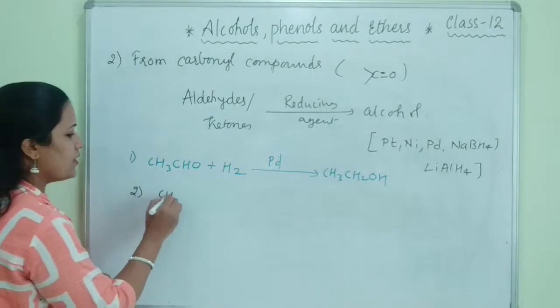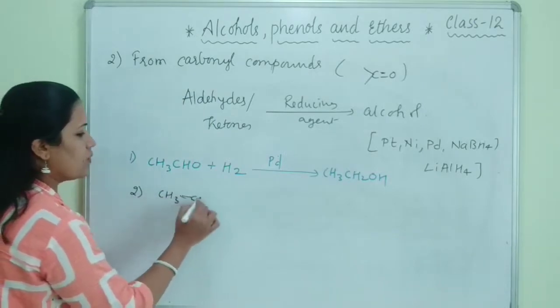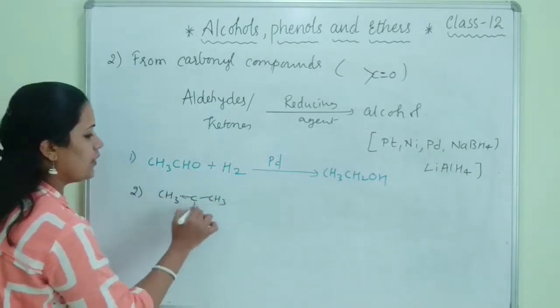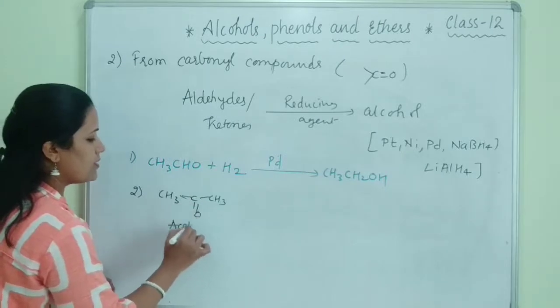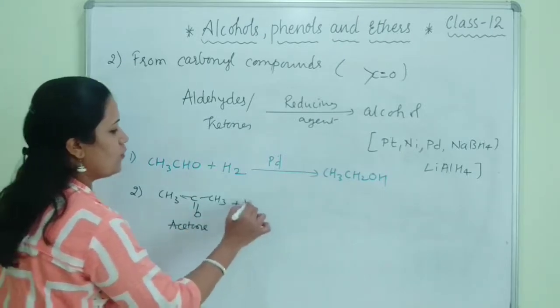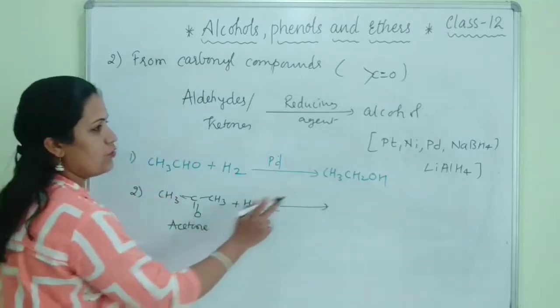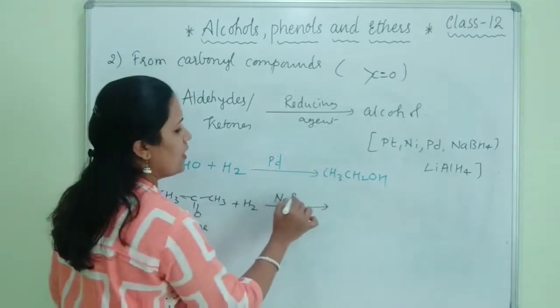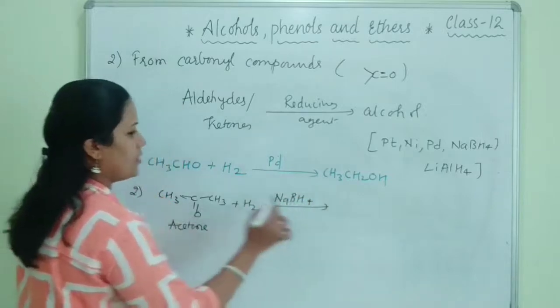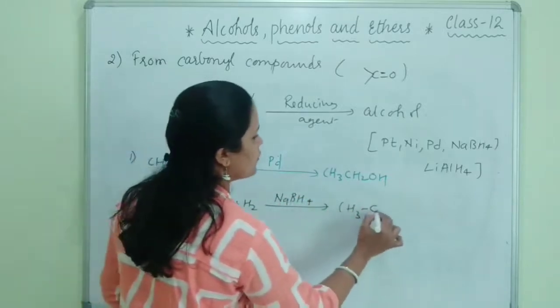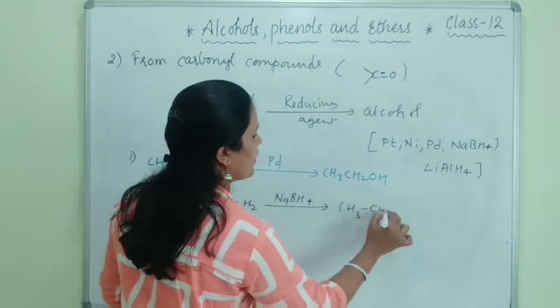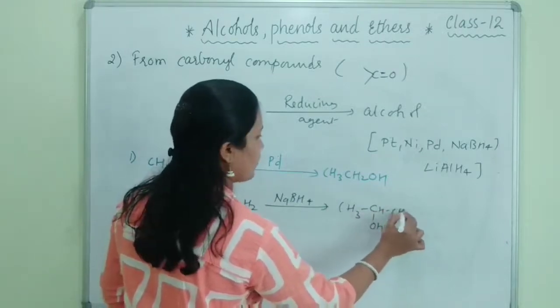Or if I take another example, that one is any ketone. Here I am taking acetone. So acetone, when it reacts with H2, that is hydrogen, or we can also use NaBH4, it can convert it into alcohol.